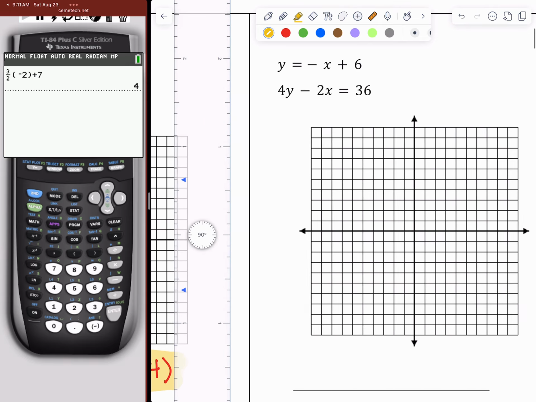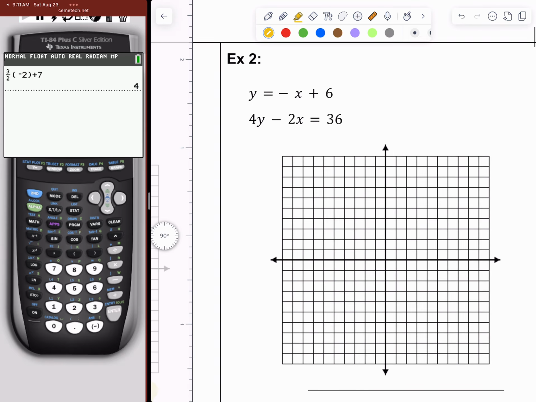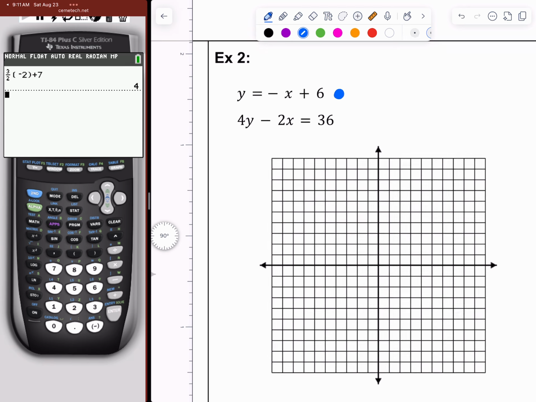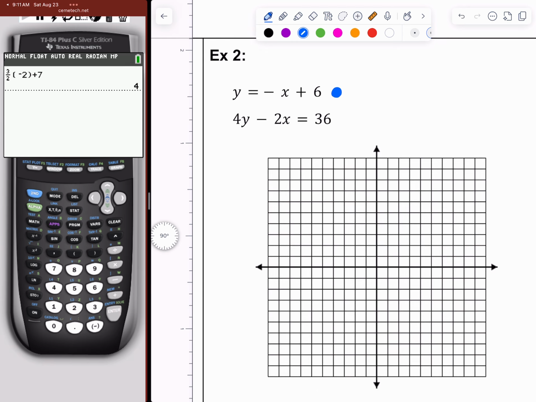All right, let's look at example 2. We have our top equation, which is in gradient-intercept form, so it's easy for us to see the slope and the y-intercept. We go to 6 on the y-axis: 1, 2, 3, 4, 5, 6.